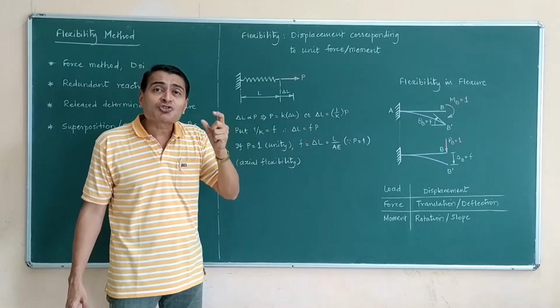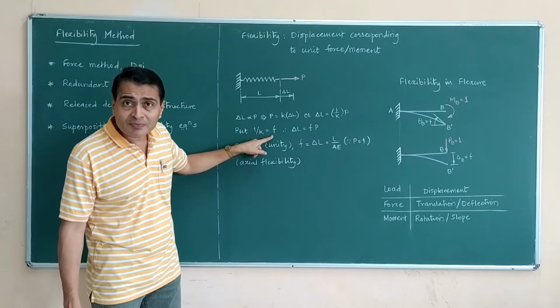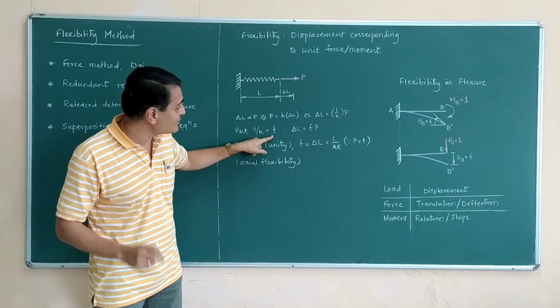I am calling this 1 upon K as small f, and that is my flexibility. How is it my flexibility?